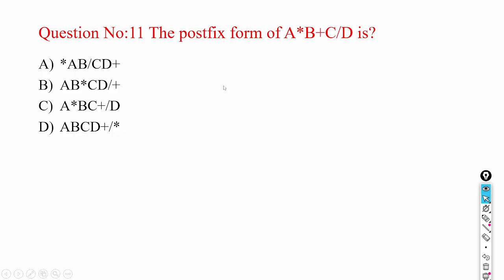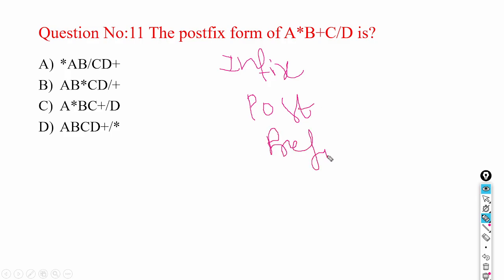So in expression evaluation using a stack, there are three types of expressions: infix, postfix, and prefix. These are the three important expression forms.